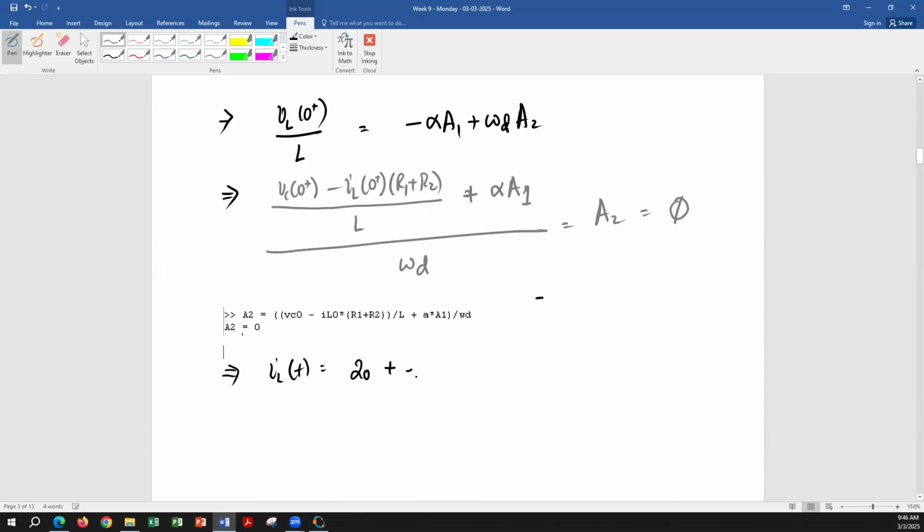So plus e to the power negative 250 t, A1 is 0.1267, so 126.7 e to the power negative 250 t cosine omega d t, where omega d is 2222.